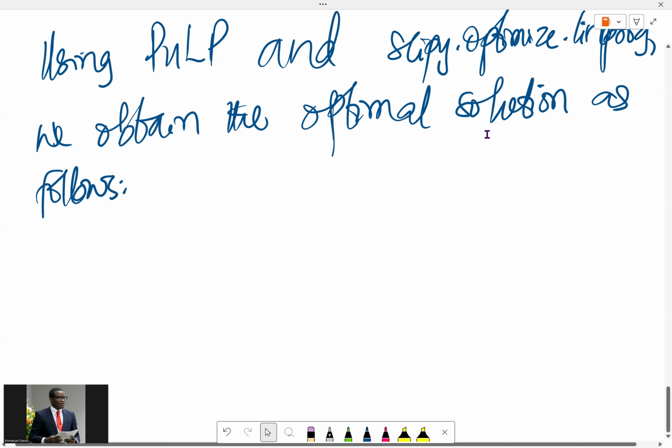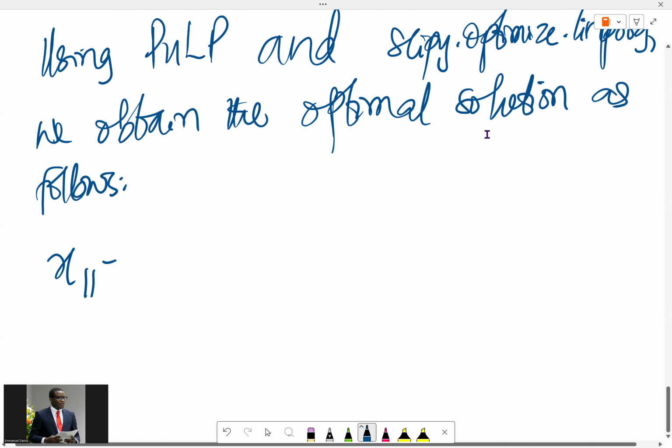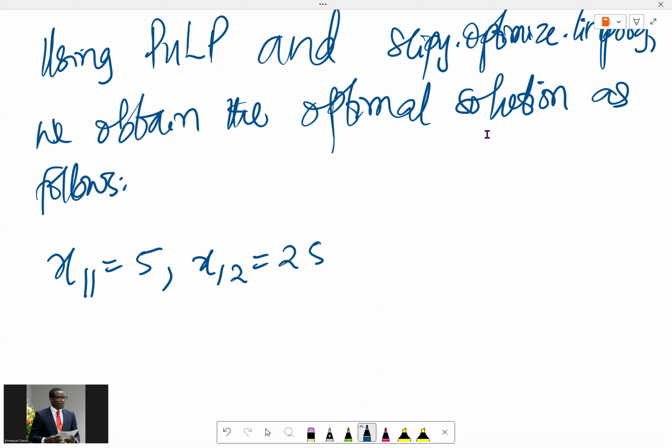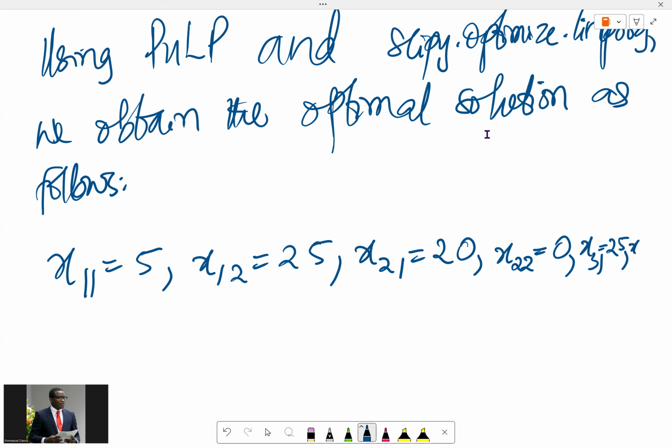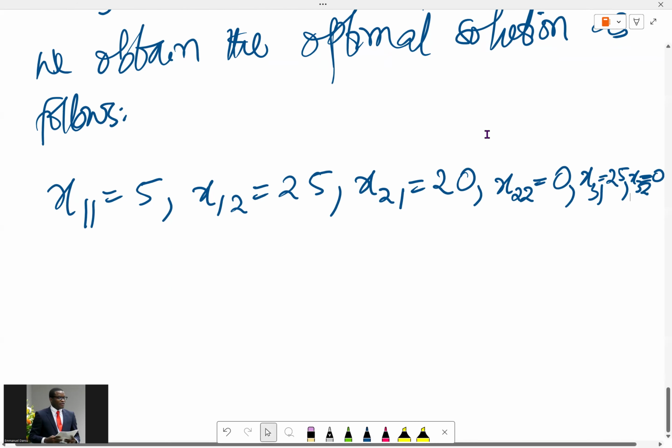We have x11 is 5, x12 is 25, x21 is 20, x22 is 0, x31 is 25, and x32 is 0.